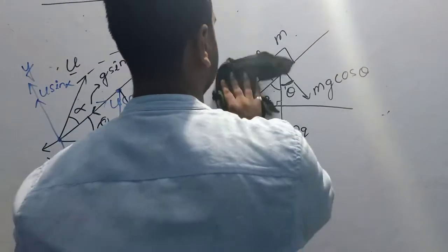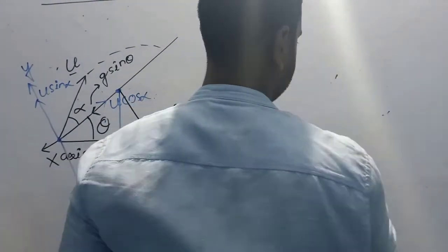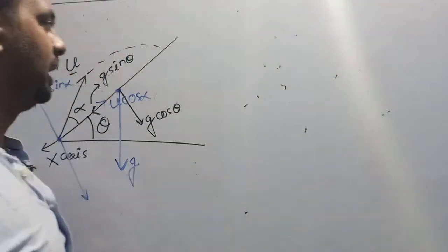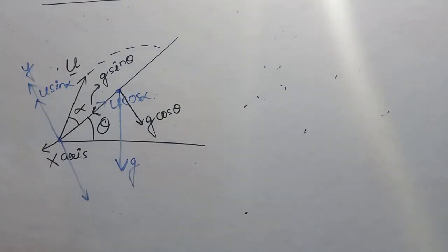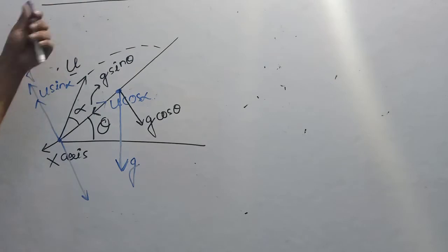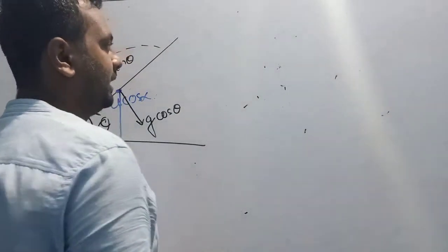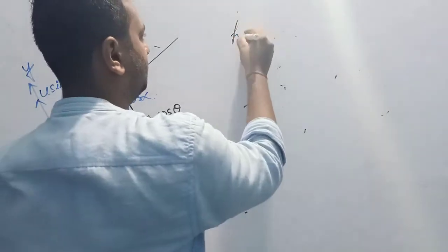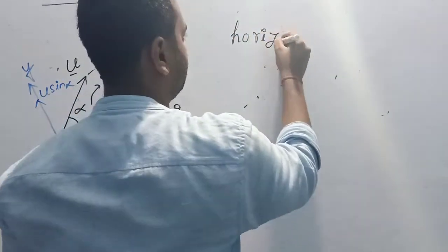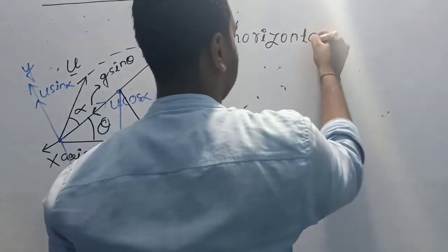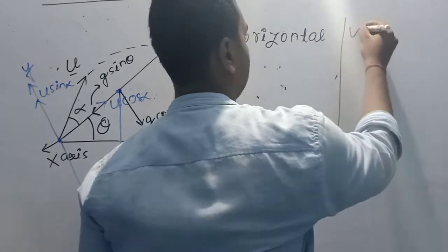So the horizontal motion. I am giving you a few seconds to observe this diagram. I am going to analyze the horizontal motion and vertical motion, the horizontal components and vertical components.